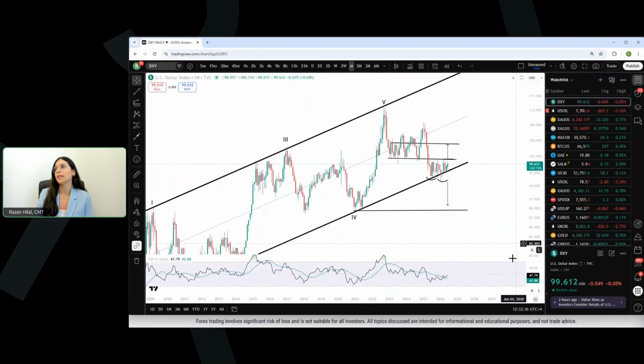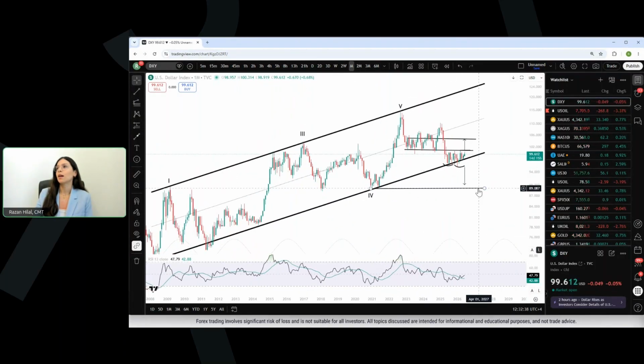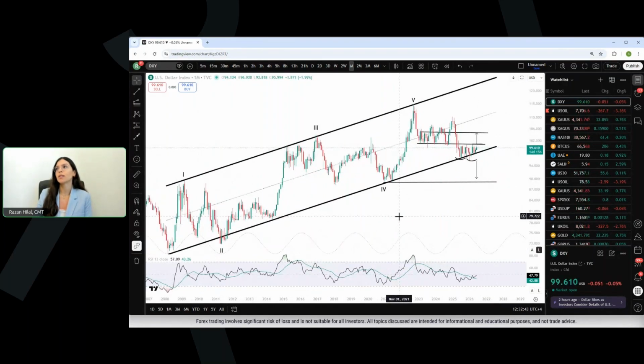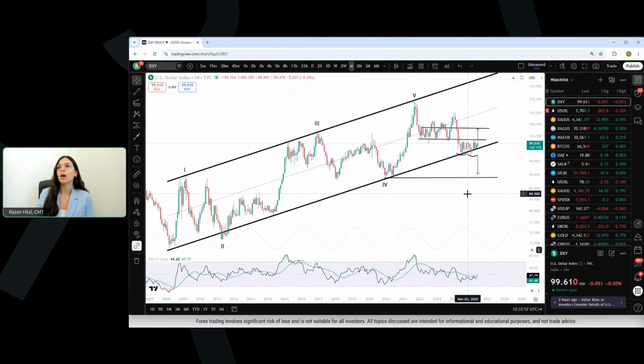also aligning with the broader multi-year uptrending framework or parallel channel since 2008, which is keeping the overall bias on the US dollar index within a bullish outlook until we have decisive breakdowns below key levels 98, 97, and 95 that may confirm a shift in that overall uptrending dominance, potentially paving the way for extended gains across major currencies across the markets.